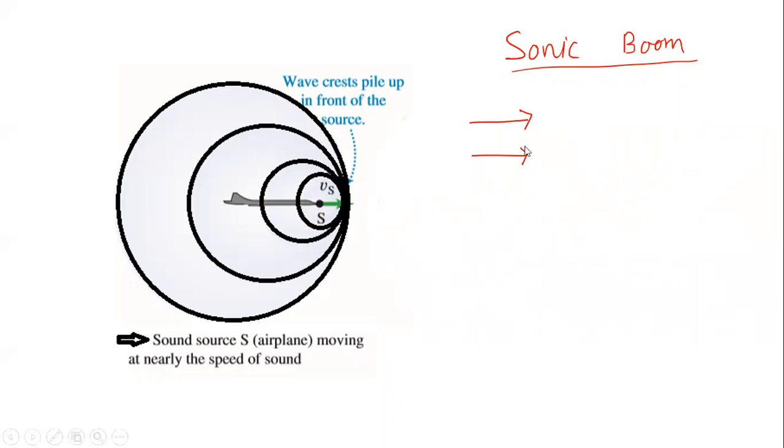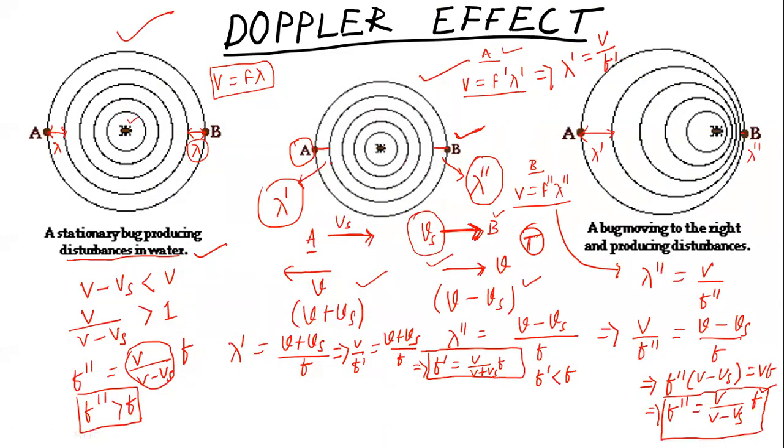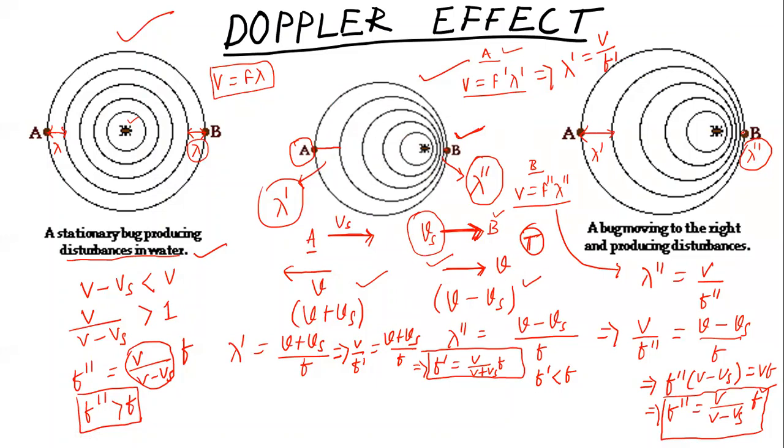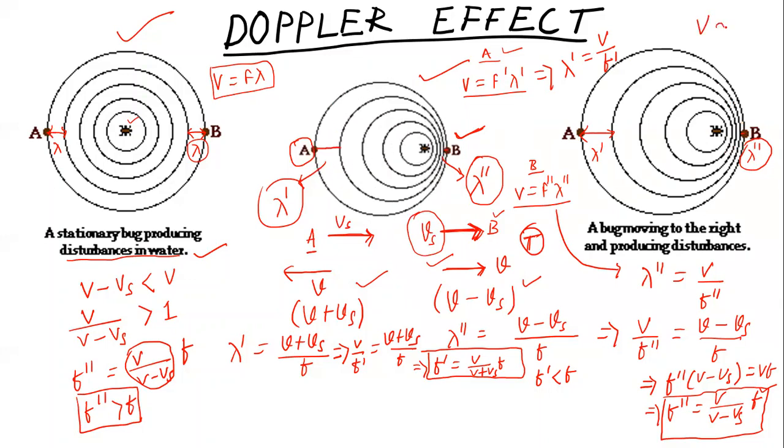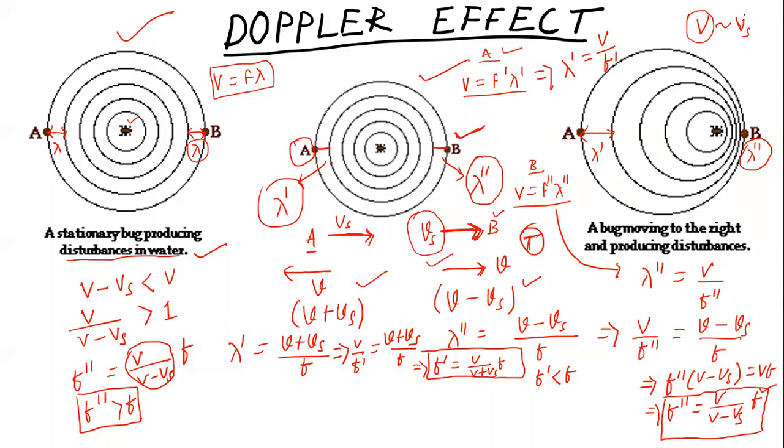If you go back to the previous diagram, lambda double dash will be almost zero when the speed V matches with Vs. V is nearly equal to Vs. That means, suppose for an airplane, V is the speed of the sound produced by the plane, and Vs is the speed of the plane.